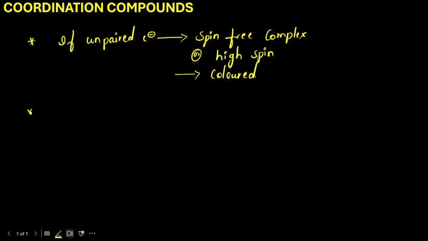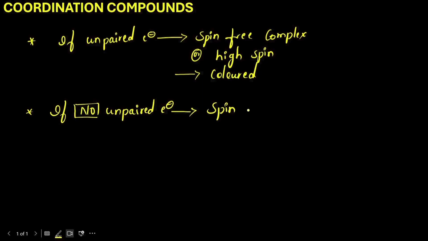Next, if there are no unpaired electrons, then the complex is said to be a spin pair complex, which is also called a low spin complex.